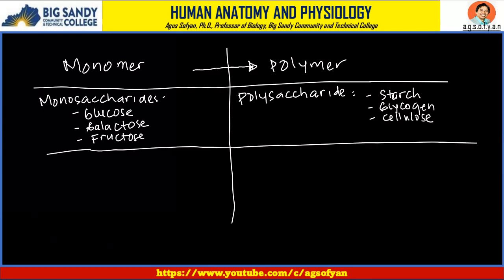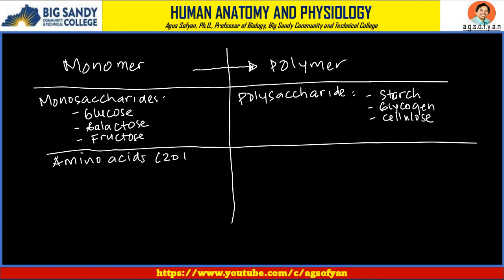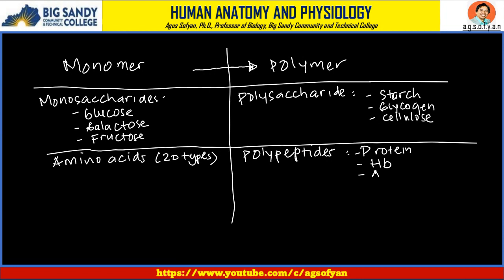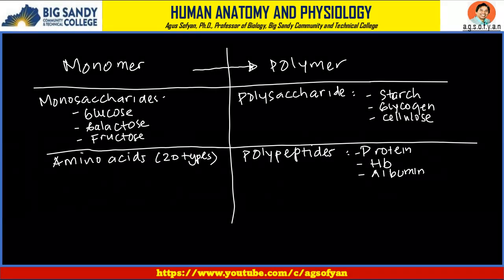Right. If the monomer is amino acid, okay, there are 20 types of amino acid. They will combine to make a polymer called polypeptide, which is protein. Examples are hemoglobin and albumin. Those are examples of proteins.